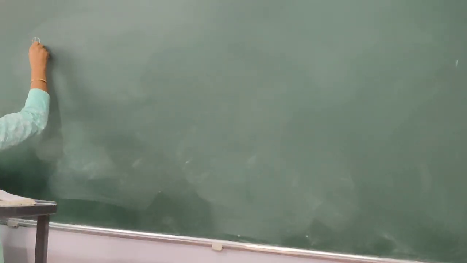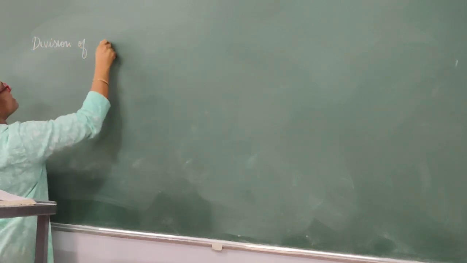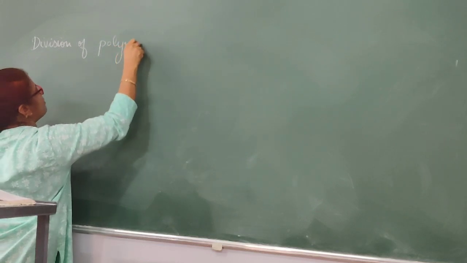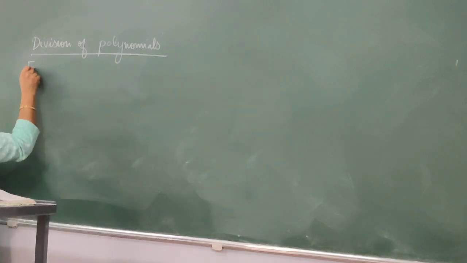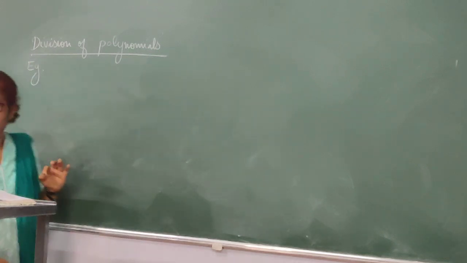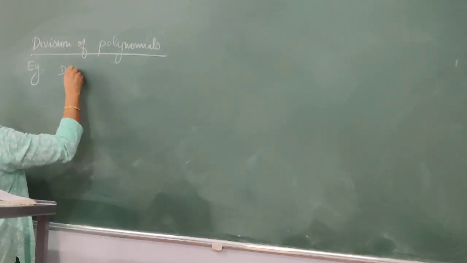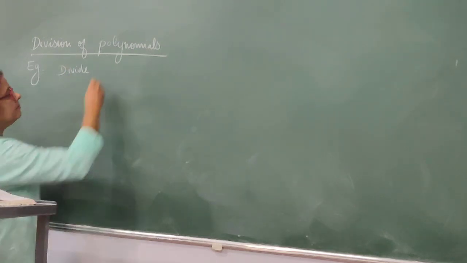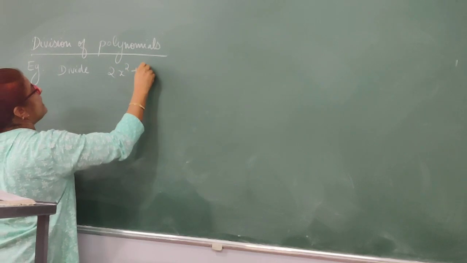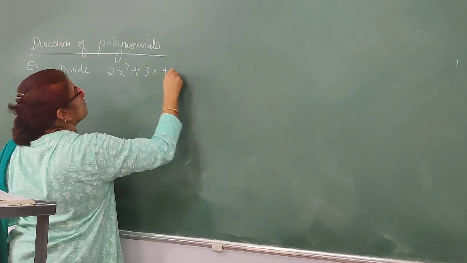Okay, example 2. Division of polynomials. Example: divide 2x square plus 3x plus 1 by x plus 2.